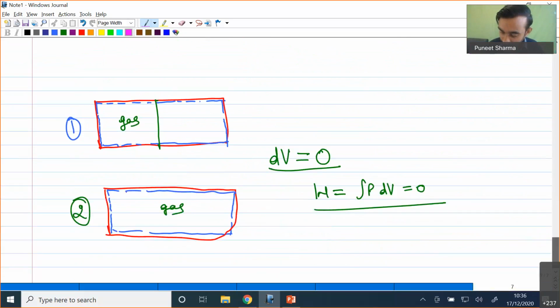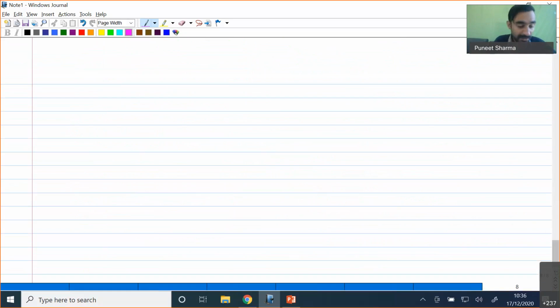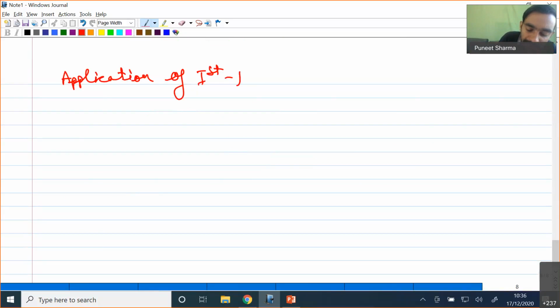Now let me take up one more concept. Let us try to see the application of the first law of thermodynamics. We will take some system, and for that system we will apply the first law of thermodynamics.